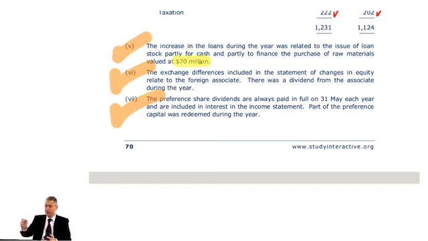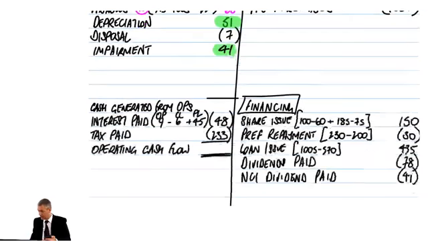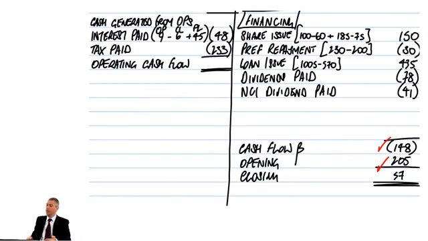What the examiner's just told you is that you've made a mistake. And it's a real prize winner point, and very, very few students got this in the exam. But what he's just told you is that you thought that the loan issue was 435, and you were right. But you also thought that the cash flow from the loan issue was 435, and you were wrong. It isn't.